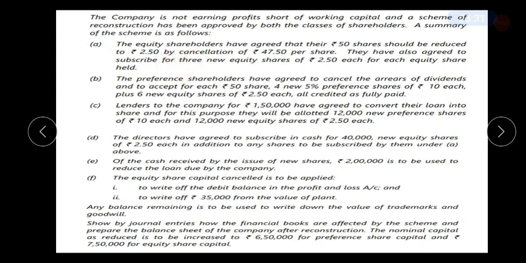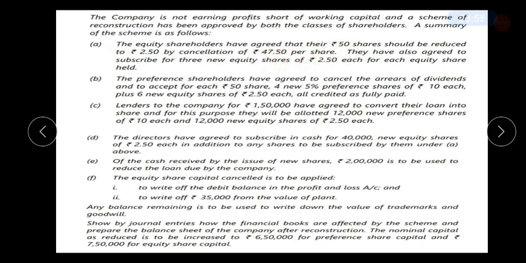You need to understand it first. What is said here? The equity shareholders have agreed that their rupees 50 shares should be reduced to rupees 2.50 by cancellation of rupees 47.50 per share. So here we are reducing the paid up capital of equity shareholders by 47.50.